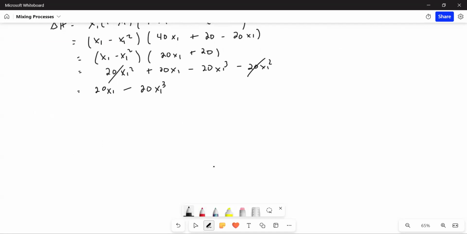I will express it in terms of enthalpy: H1E is equal to HE plus x2 dHE over dx1.